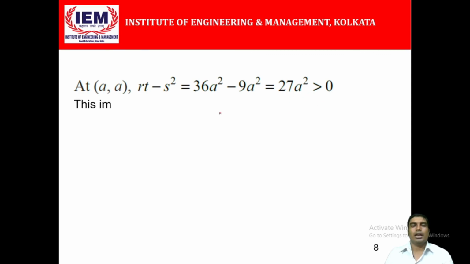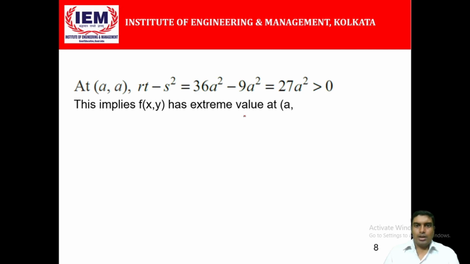So at that point we can have a maximum or minimum. Now for the maximum, I have to satisfy this one, r should be less than 0, then I can say that at that point we can have the maximum value.